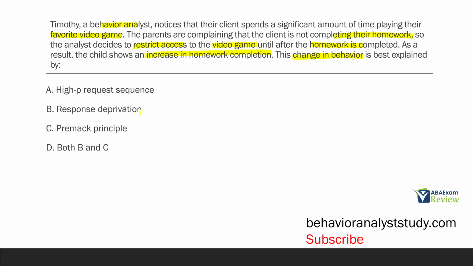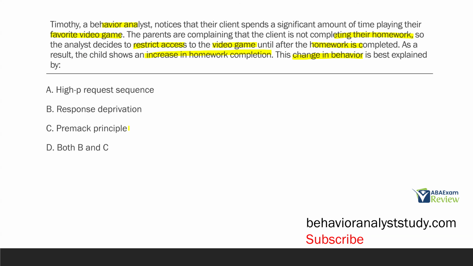The analyst is depriving the client the opportunity to engage in the video game responses until they complete their homework. So response deprivation is tied to what? It's tied to the Premack principle.